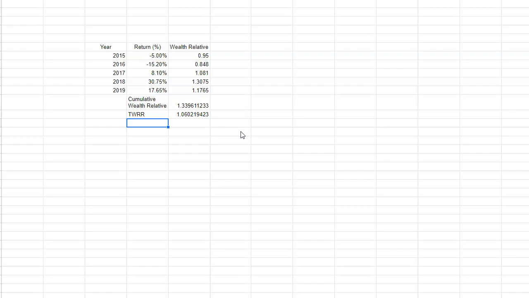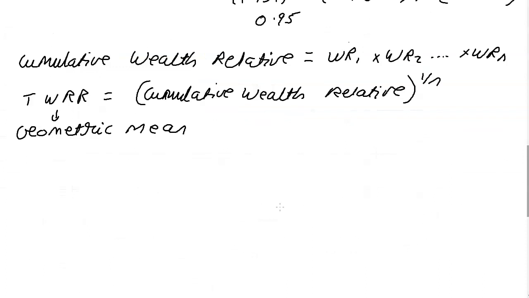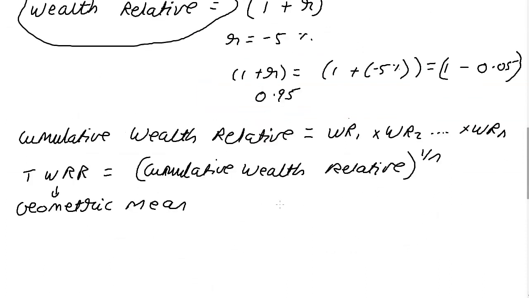Right? So our time weighted rate of return is 1.0602. Okay, 1.06021. But this again isn't exactly a time weighted rate of return. So if we have to go back and adjust this formula, okay, time weighted rate of return is this minus 1.